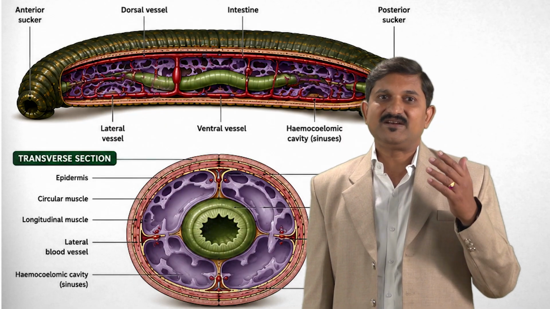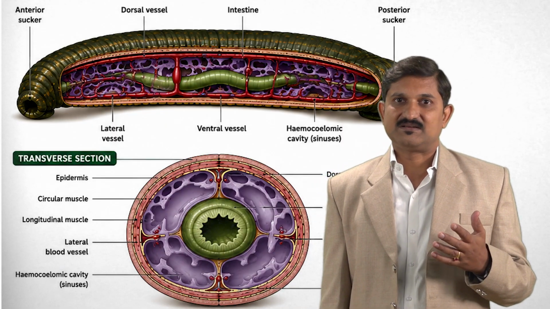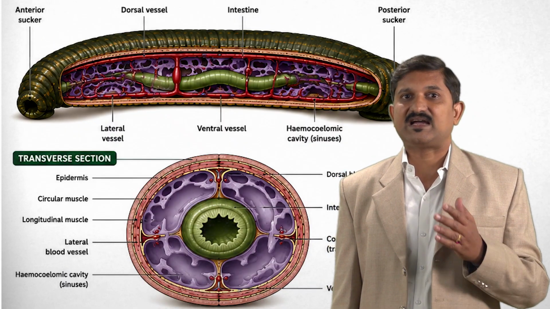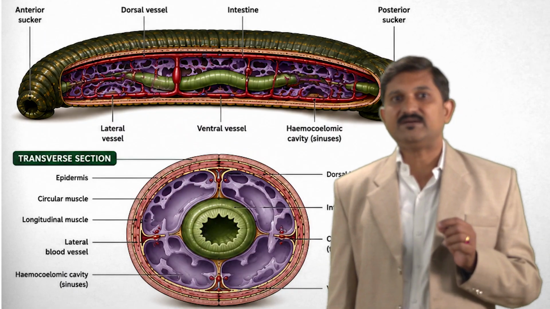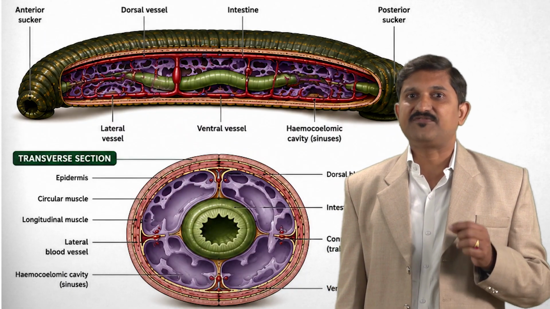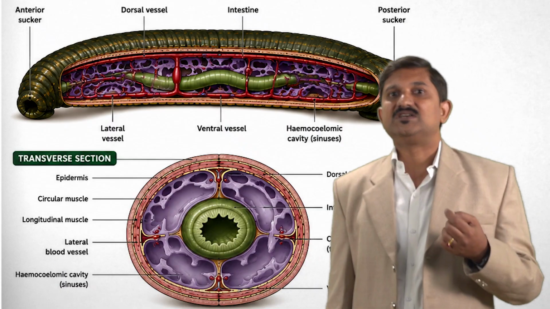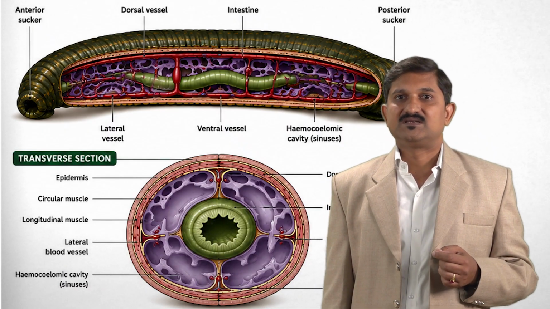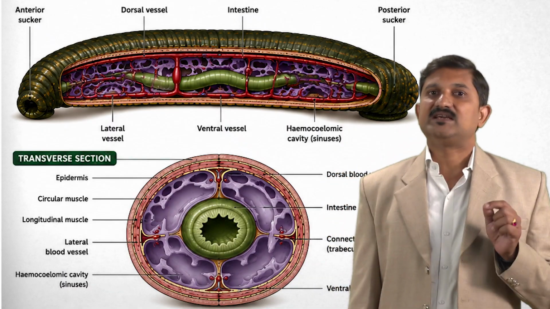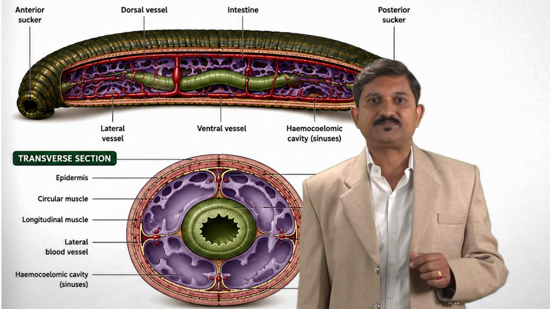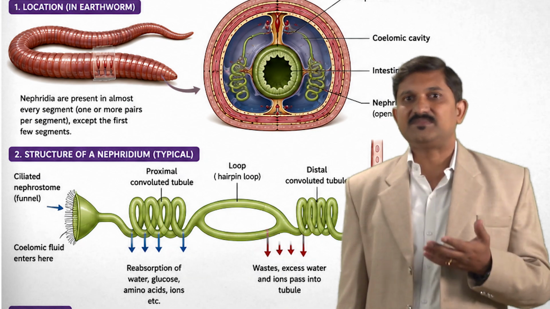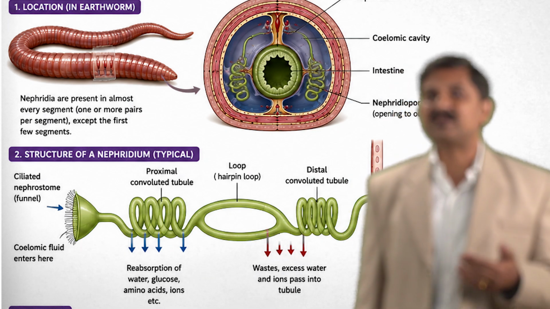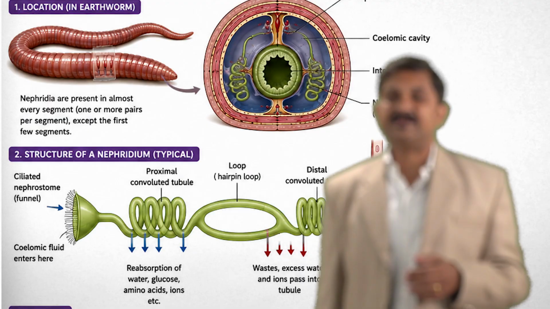Leech is an interesting feature because it does not have a true blood vascular system. The coelomic fluid has modified itself to form the circulatory system. This system is called the haemocoelomic system. You can recall that in phylum Aschelminths, the excretory organs were protonephridia.